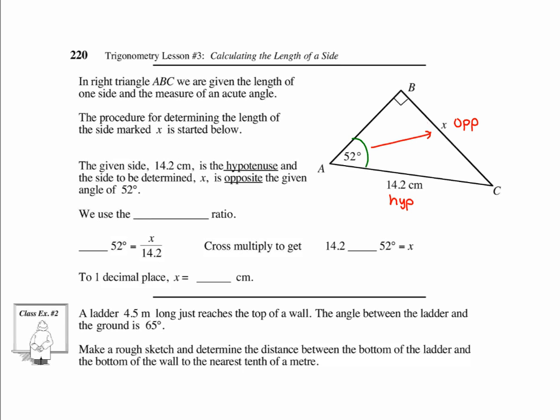I only label 2 because I want to use Sohcahtoa to figure out which ratio I'm going to use. Because we're looking for opposite and we have hypotenuse, we want to use sine, because of the O and H. So we're going to use the sine ratio.